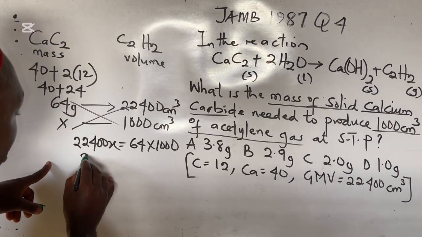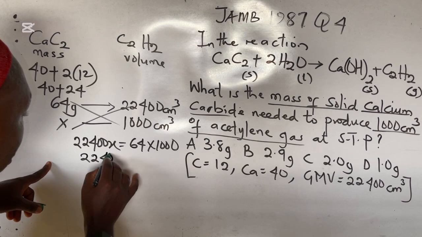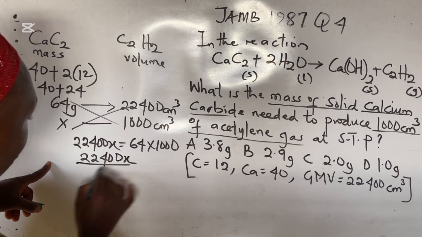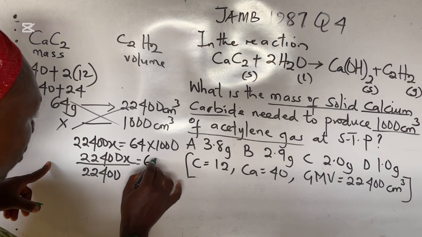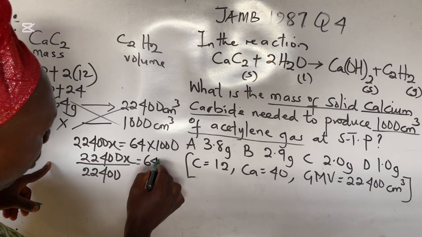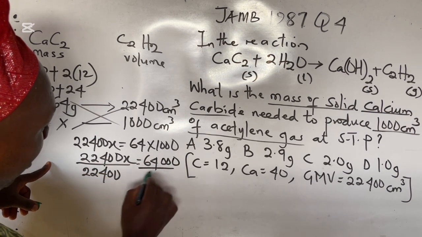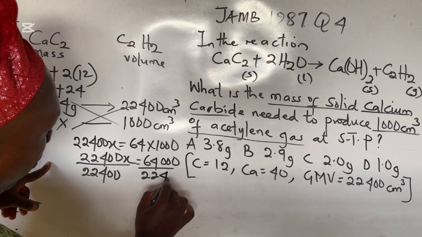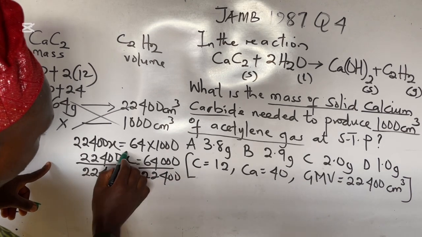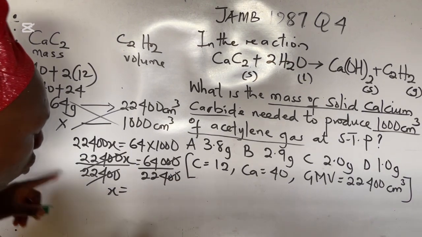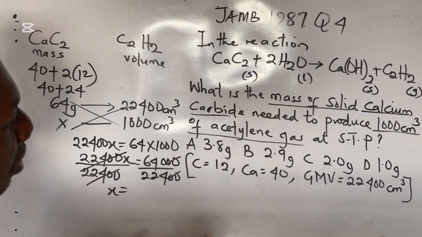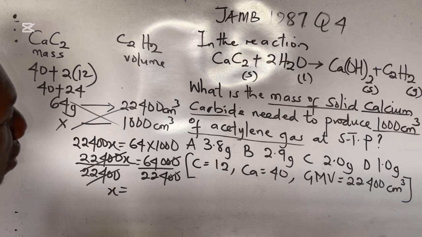You have 22,400 X over 22,400 equals 64,000 over 22,400. So we will get the value of X. 20 cancels 20. Let's see if we will get the information given in the question.